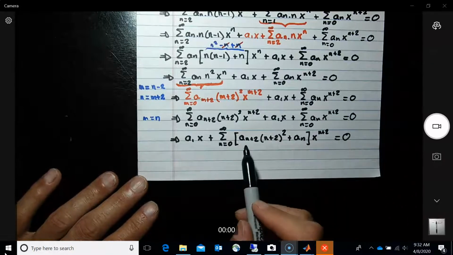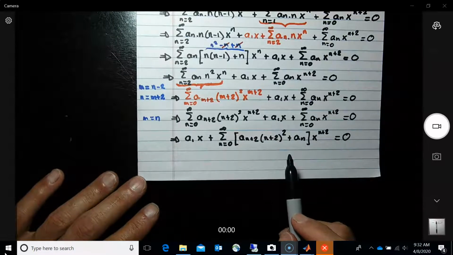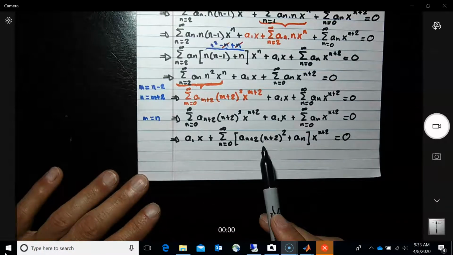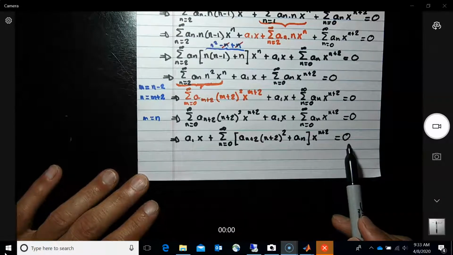And now you can see some type of recurrence expression. So in this case, what do we know again? Each of these terms needs to be equal to 0 in order for this to be satisfied.